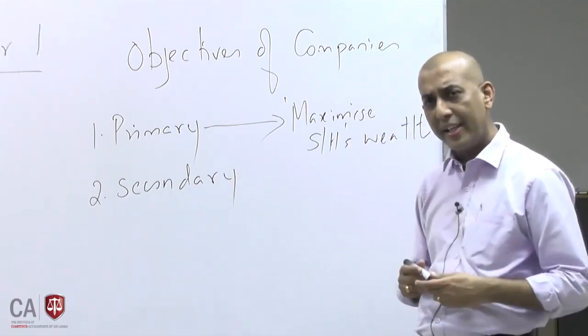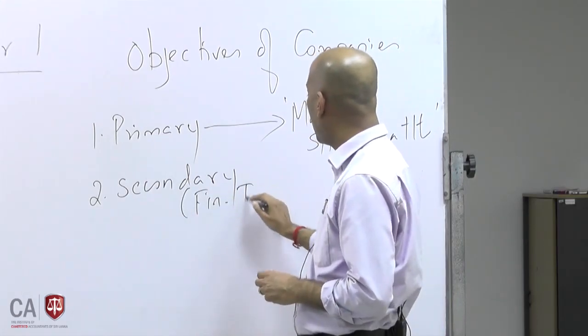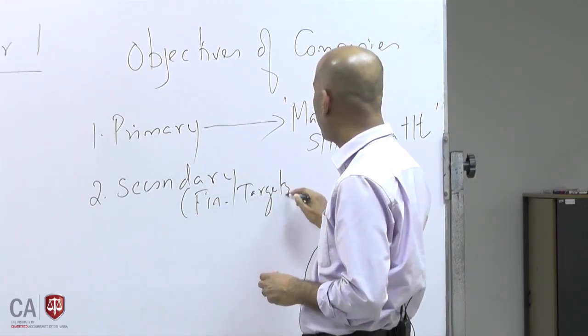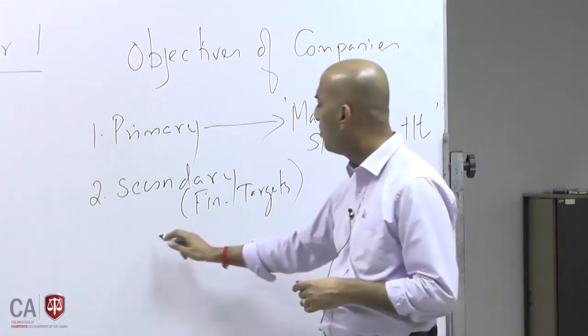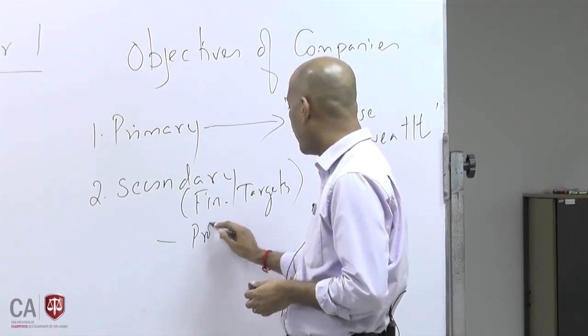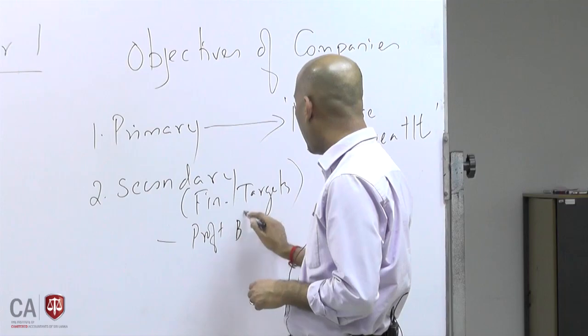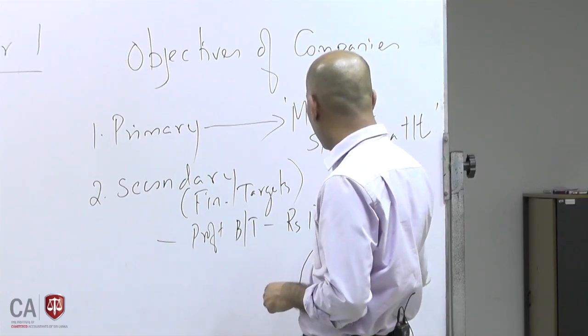Secondary objectives, you might say, are all the other financial targets, or financial objectives. These could be, say, a profit before tax of 1 billion rupees.